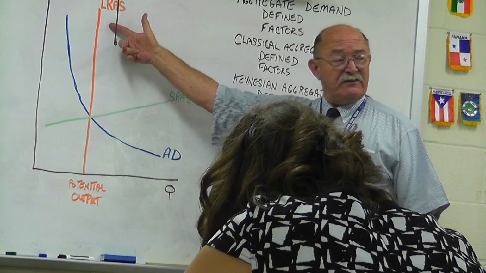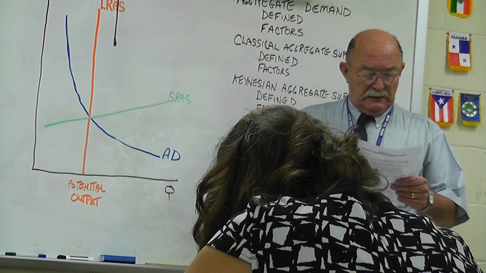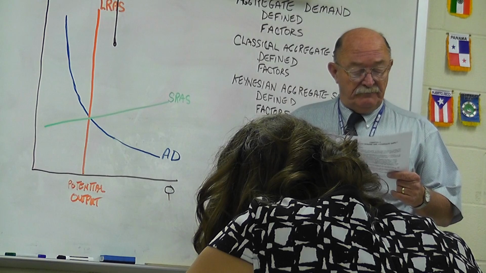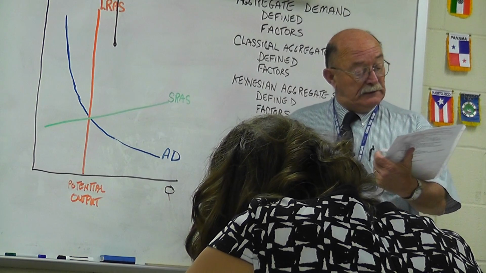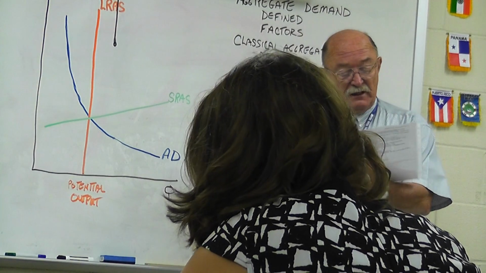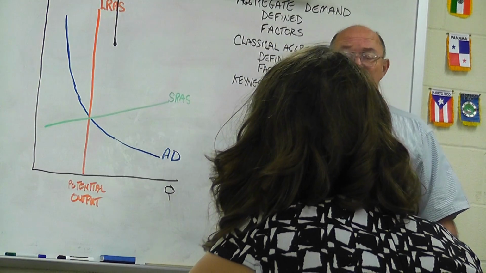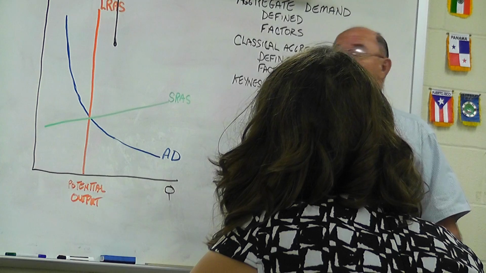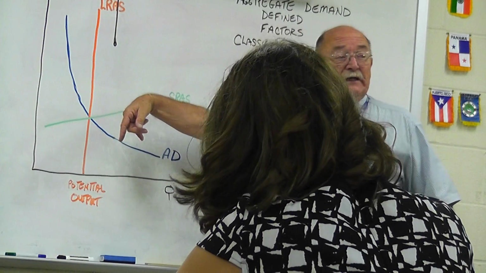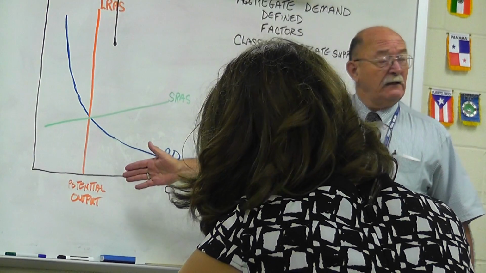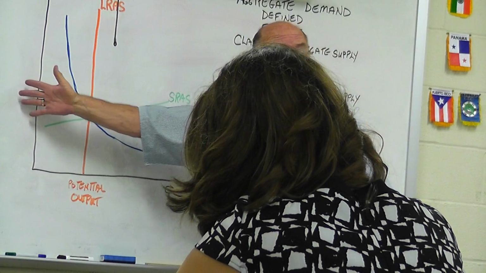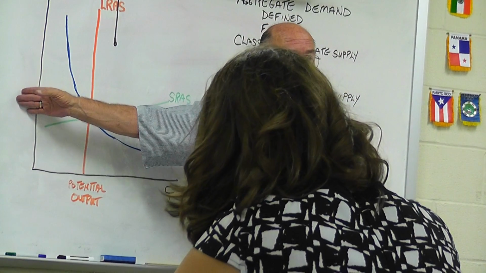Now, the curve itself is vertical. It's vertical because in the long run, output is determined by the factors of production, not price level. Anytime you see a vertical curve like that, that means it is not affected by price.